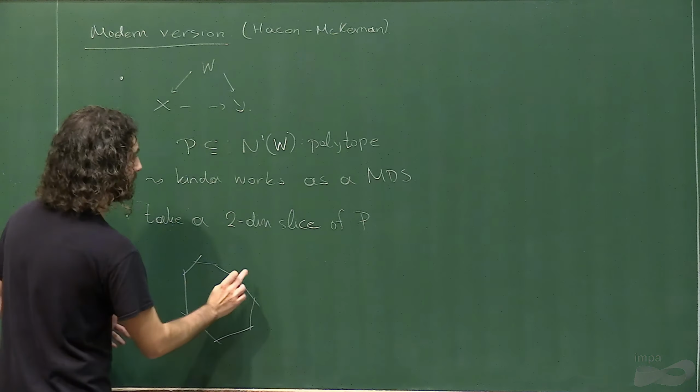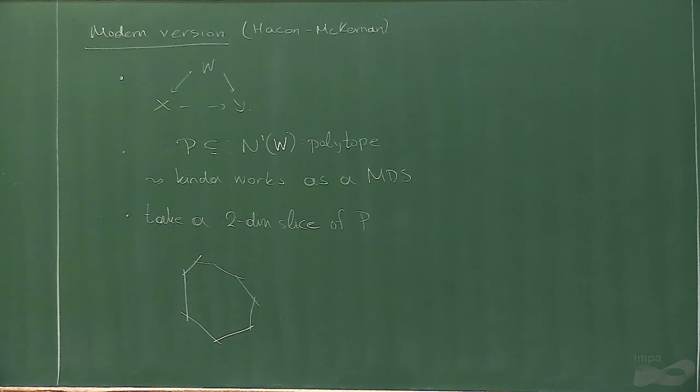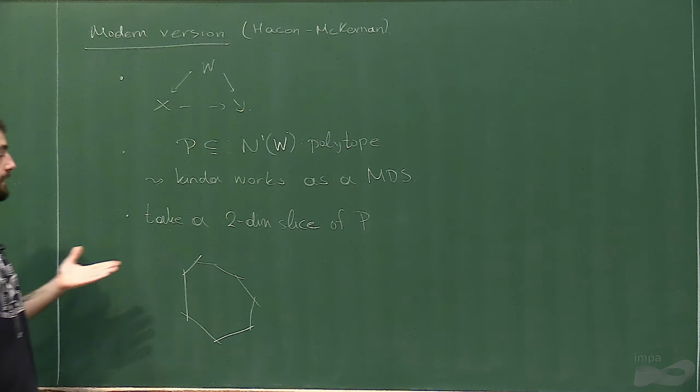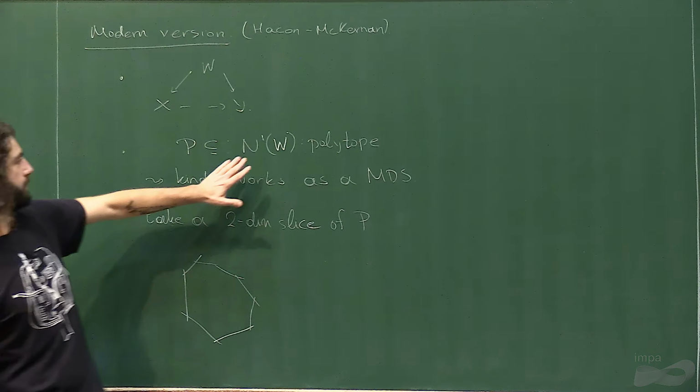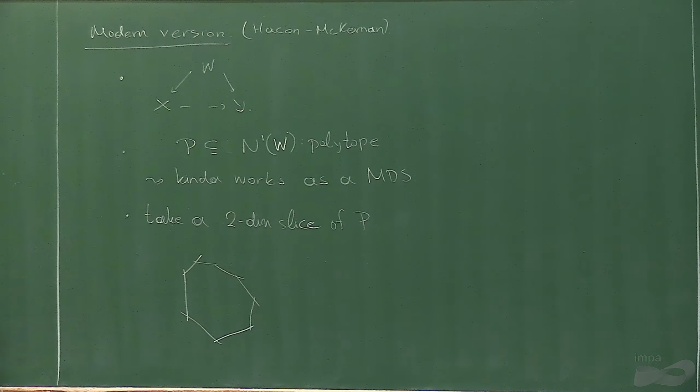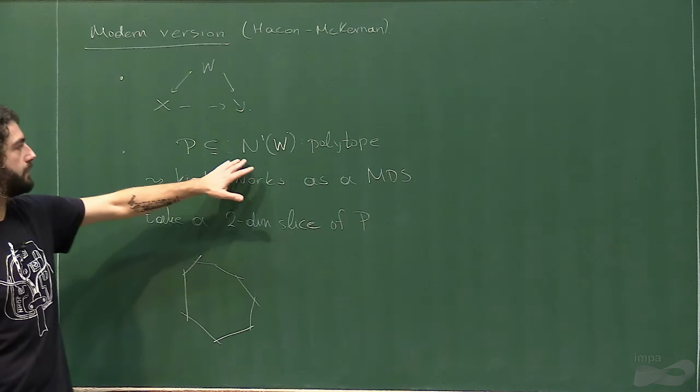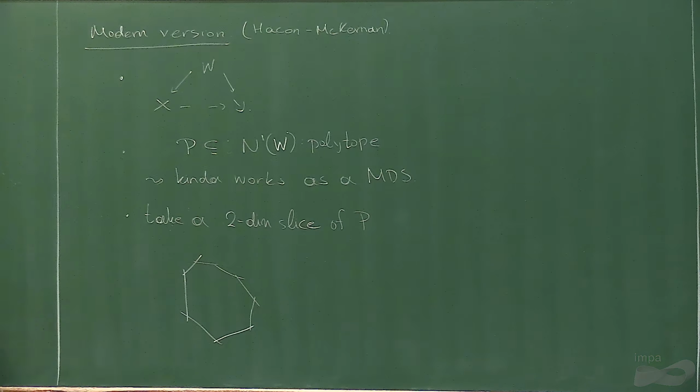And what I meant by saying that this works as best as it could as a Mori dream space is that this polytope has a wall and chamber decomposition. This polytope corresponds to divisors for which you can run MMPs, and everything works and everything terminates and everything is very nice. And then on this polytope you can take a wall and chamber decomposition based on the outcomes of these MMPs.